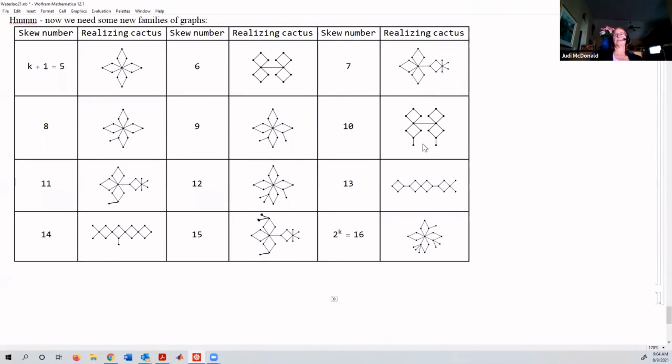These cacti and double Dutch windmills and Cacti Pillars were much harder. It wasn't as obvious why sticking an edge here gives us enough variation in where these 4 cycles contribute to terms in the characteristic polynomial to give us 14 different skew symmetric polynomials, as opposed to the more obvious 5, 8, 12, and 16.